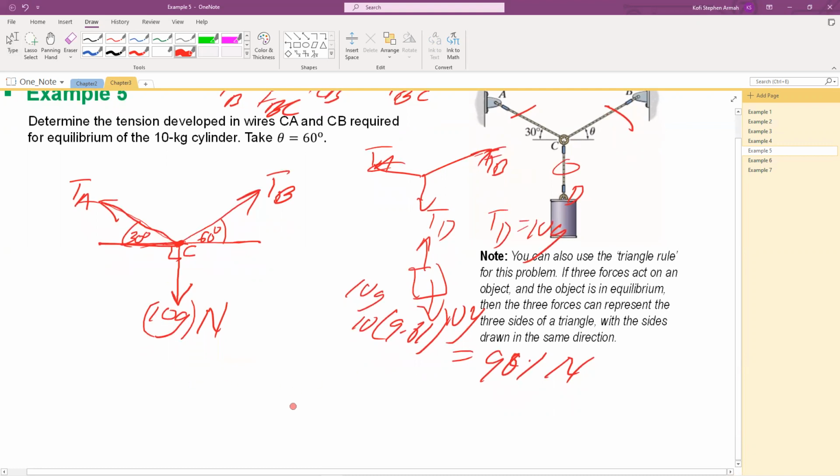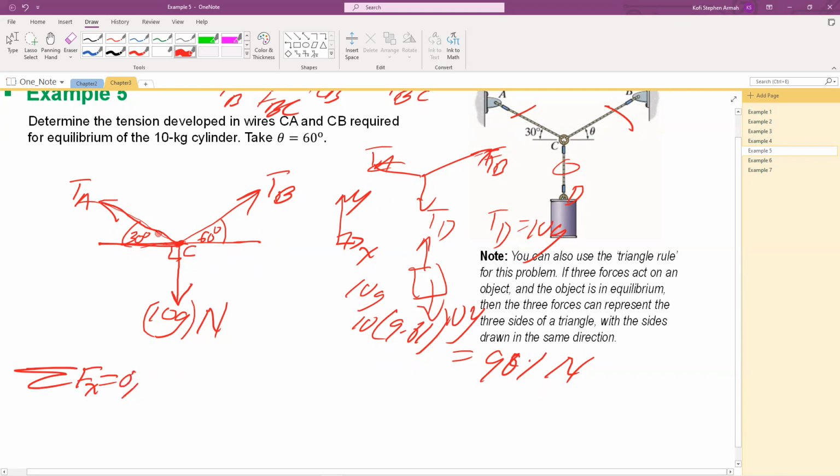So the first one is the summation of forces. If this is my X and that is my Y, you can do X first or Y. In this case, we have two unknowns. If you write the equation in this direction, we have TA and TB. If you write the equation in this direction, you have TA. So it doesn't matter. Let me do the summation of forces in the X first, equal to 0.